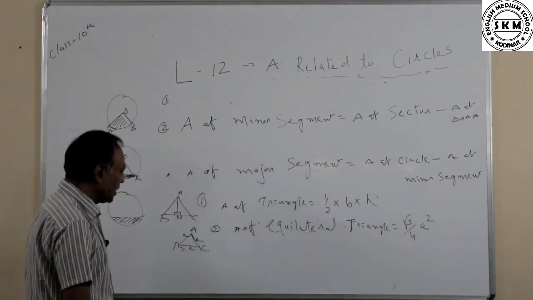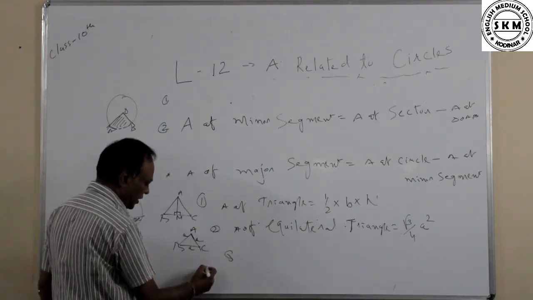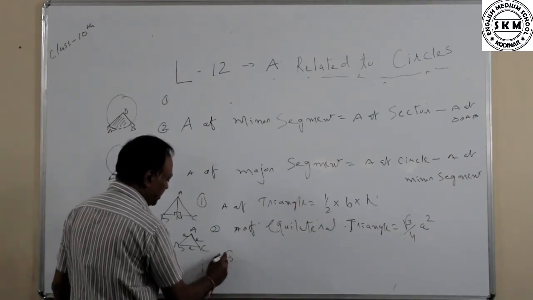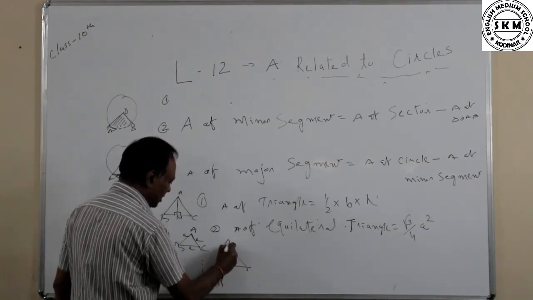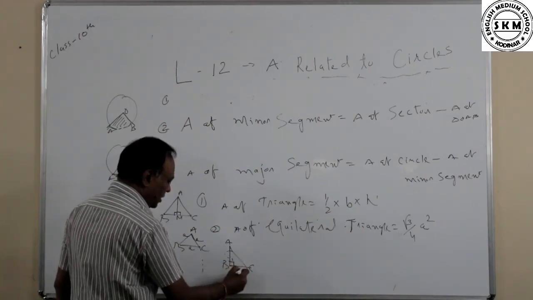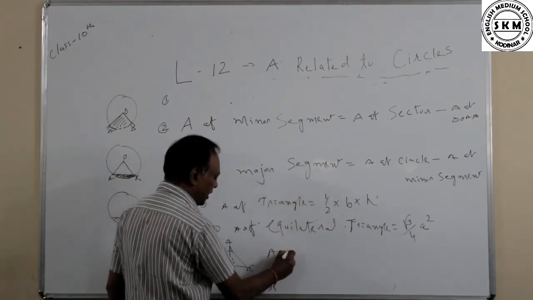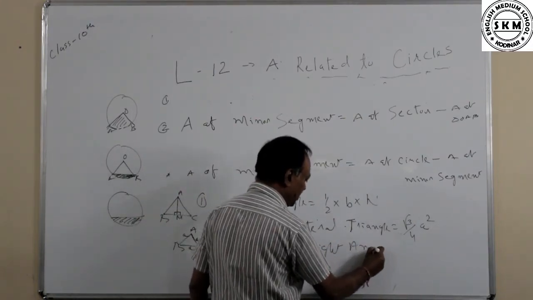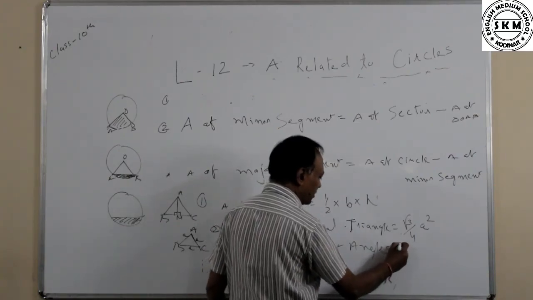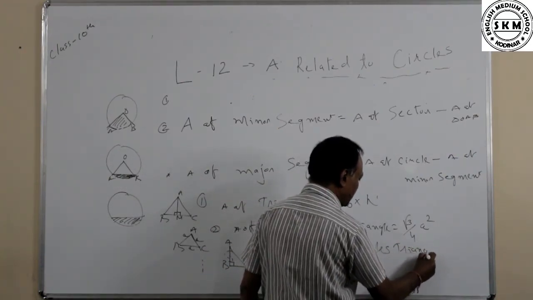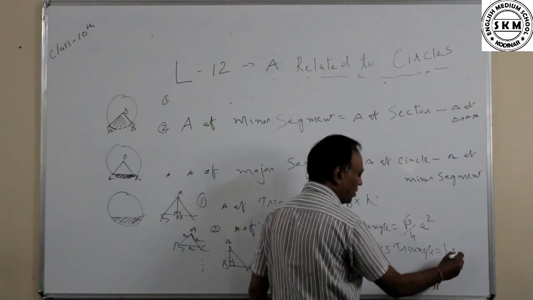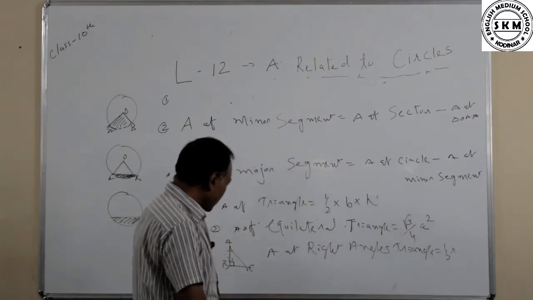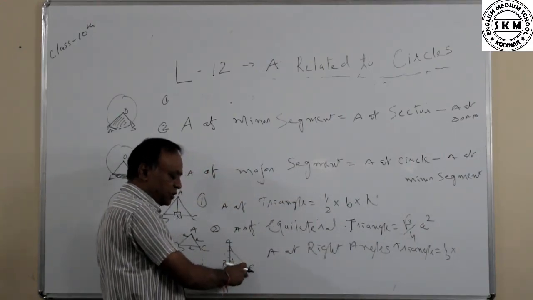And the third formula, if it is a right angle triangle, then area of a right angle triangle is equal to half into AB into BC, where AB becomes the altitude and BC becomes the base.